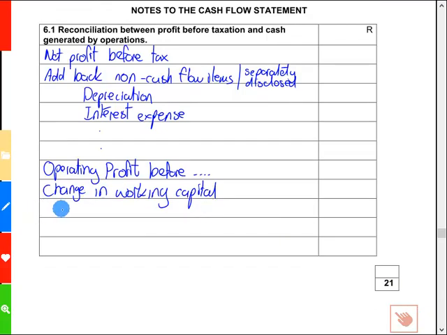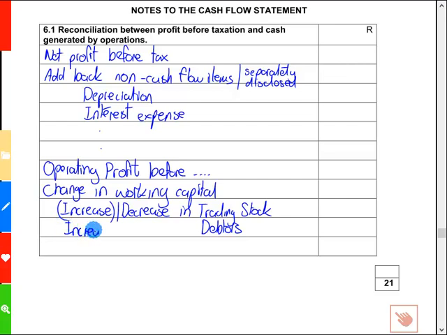Right, so if my trading stock increases, does that mean I gave out money or did I receive money? Why would my trading stock increase? It would increase if I buy more trading stock. So that would be an outflow. Increase in trading stock is going to be an outflow. Then we've got our debtors. What would happen if my debtors increase?